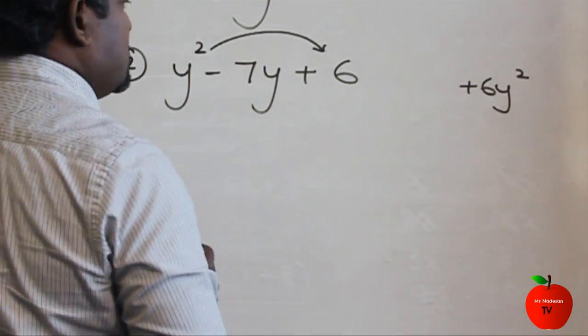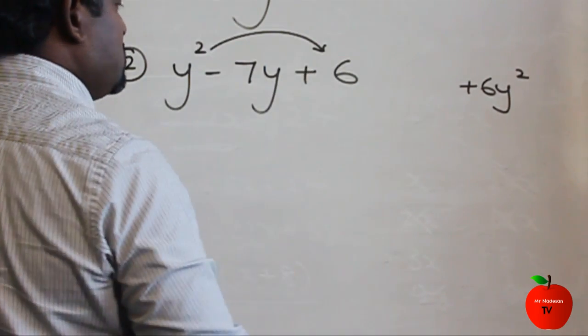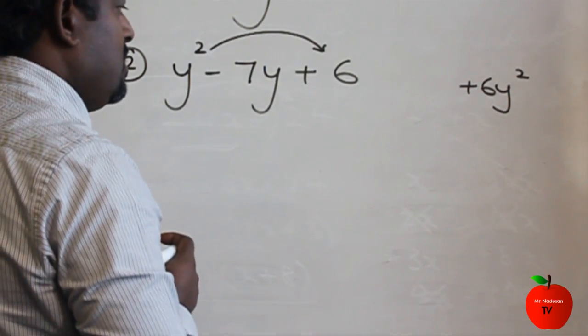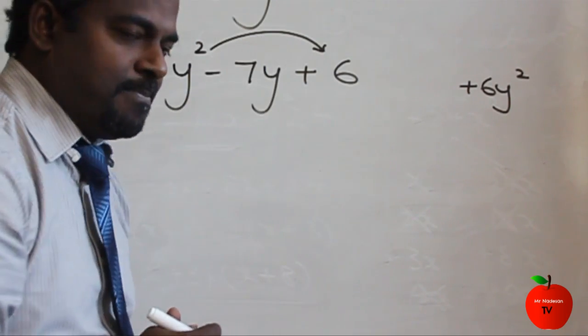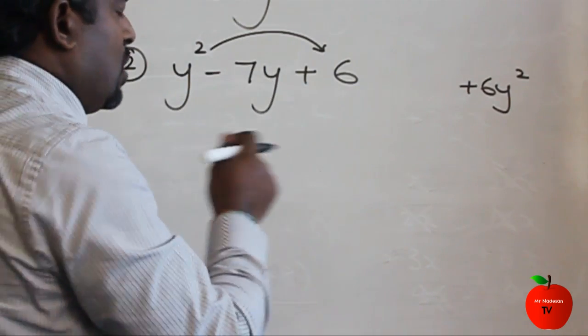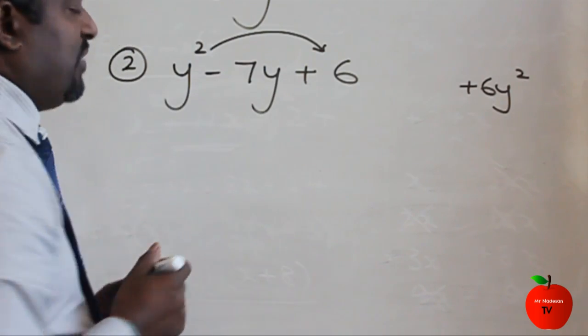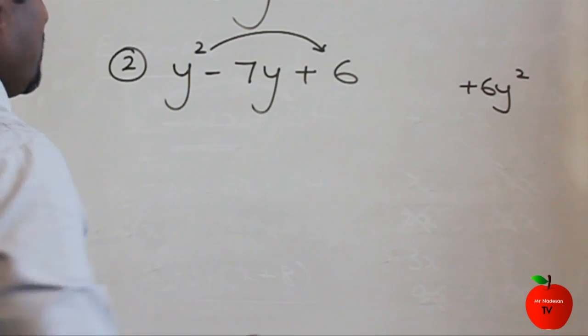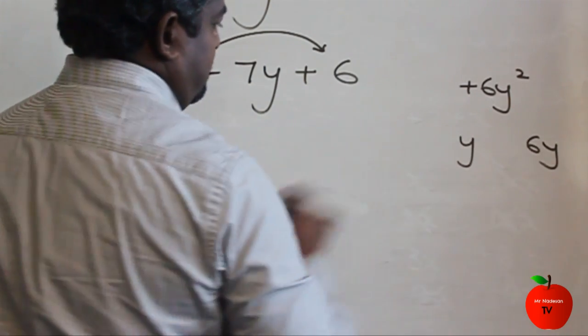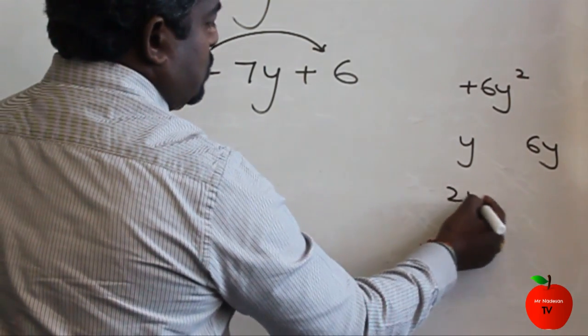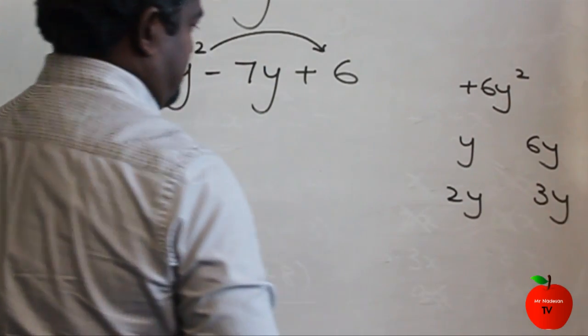What factors can make it plus? Because we need minus 7y. So what are the factors? The factors for 6y squared are y and 6y, and also 2y and 3y.